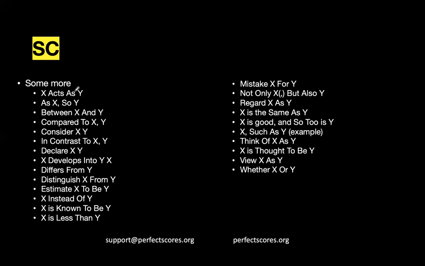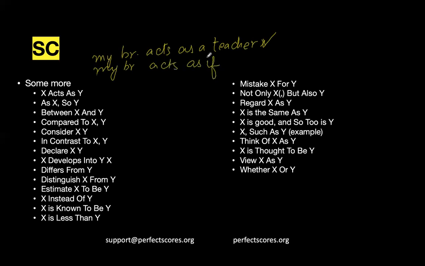For example, my brother acts as a teacher. This is correct. And even if you say, my brother acts as if, what do you think should come here if you want to maintain the same meaning?